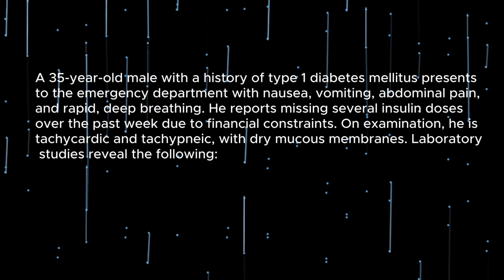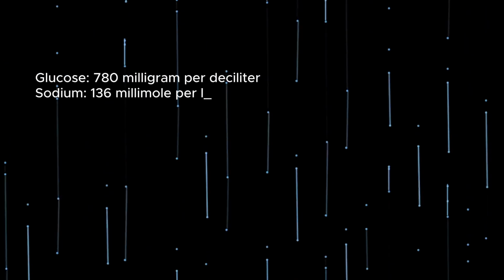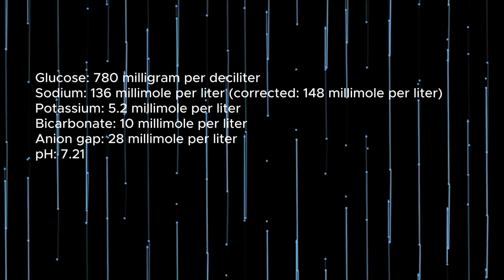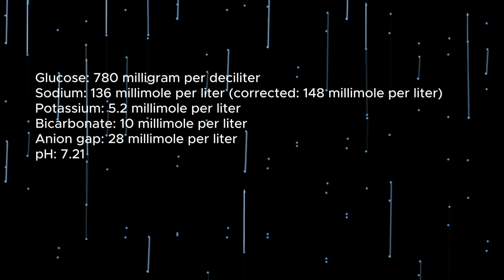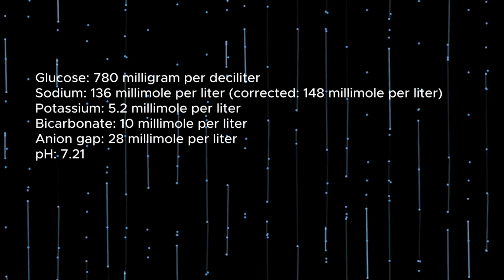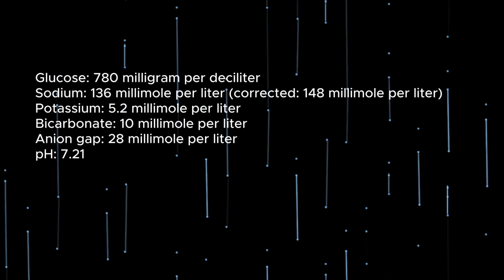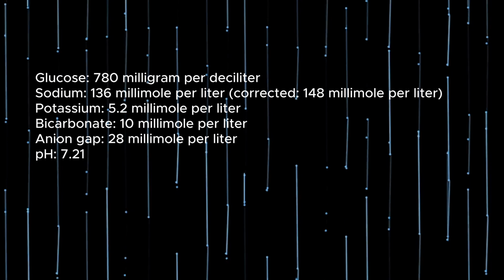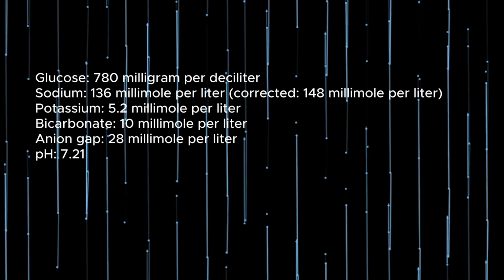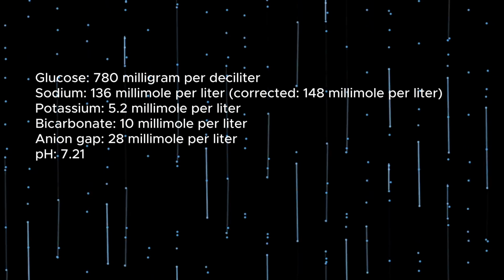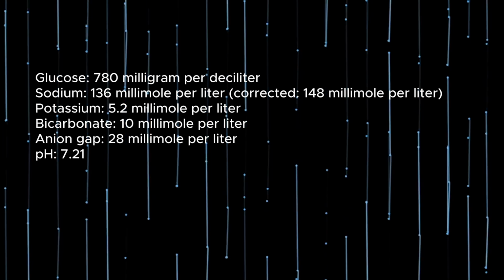Laboratory studies reveal the following: glucose 780 mg per deciliter, sodium 136 millimole per liter, corrected 148 millimole per liter, potassium 5.2 millimole per liter, bicarbonate 10 millimole per liter, anion gap 28 millimole per liter, pH 7.21.